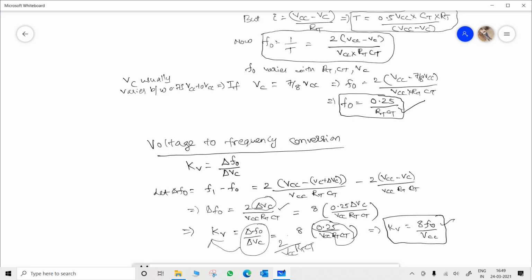So you can rewrite Kv as 8 times f0 by Vcc. By this we get a relationship between voltage and frequency: Kv is equal to 8 times f0 by Vcc.